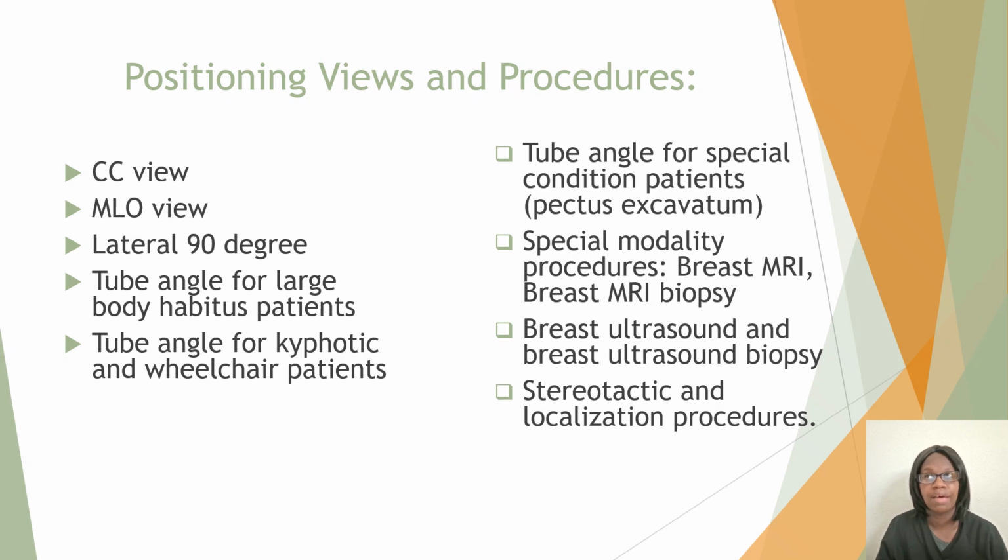For kyphotic patients, I normally find it best to angle the tube anywhere from 50 to 55 degrees, especially if they have pectus excavatum, where they have bird chest or the sternum is sticking out. For wheelchair patients, you can get some good images if the patient is at 40 degrees. You can also get some good images if they're at 45 degrees.